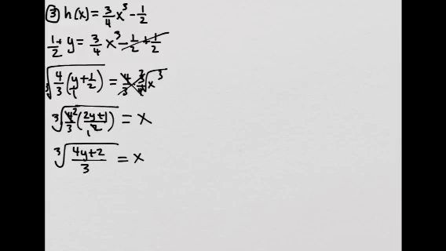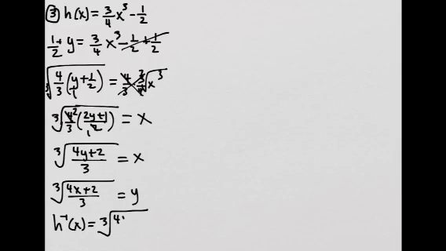So you switch the x and the y. And then you just change the y to f inverse, or h inverse in this case. And there's the answer. So that's what we think the answer is.